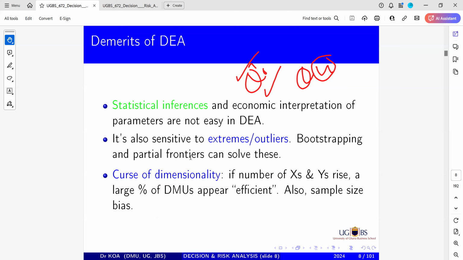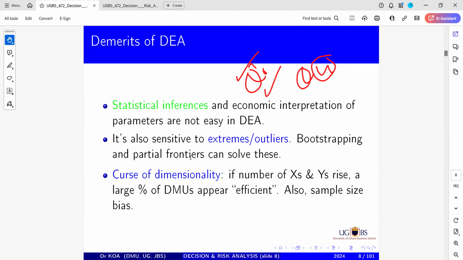Now, there's something we call the curse of dimensionality. And DEA can suffer from that. The curse of dimensionality is when the number of inputs and outputs are more than the DMUs. So the rule is that the number of inputs and outputs should be less than the DMUs.